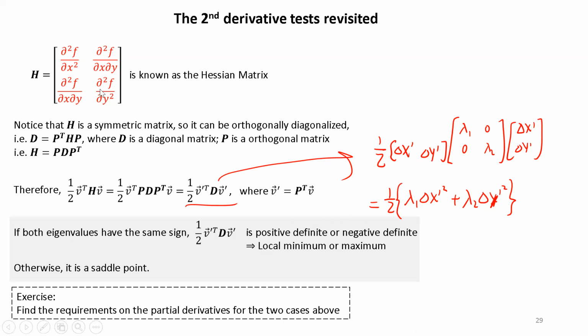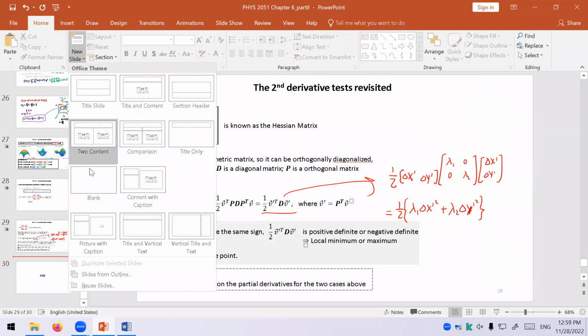Well, of course, if you know all this, you can find out the exact eigenvalues. But here we just really want to know the sign of the eigenvalues. So I want to know whether both of them are positive, both negative, or the two of them have different signs. So let me investigate the sign of the eigenvalues of this Hessian matrix.